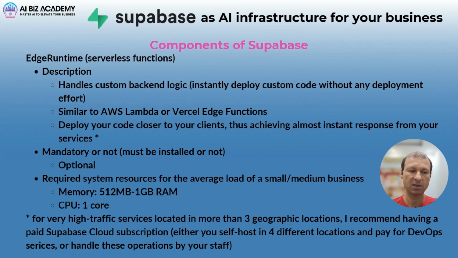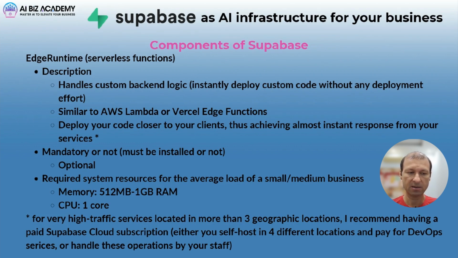This is automatically done by Edge runtime, so you can basically focus only on the business logic. This is an optional service. On a single node, you would need between half or 1 gigabyte of RAM and 1 CPU core.